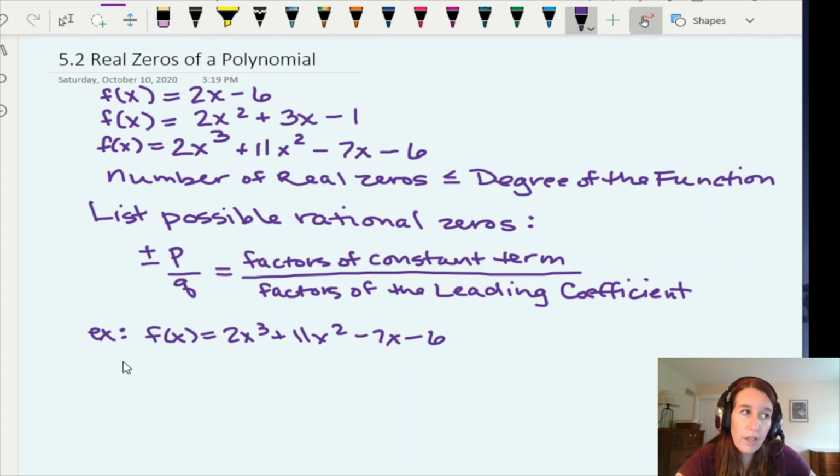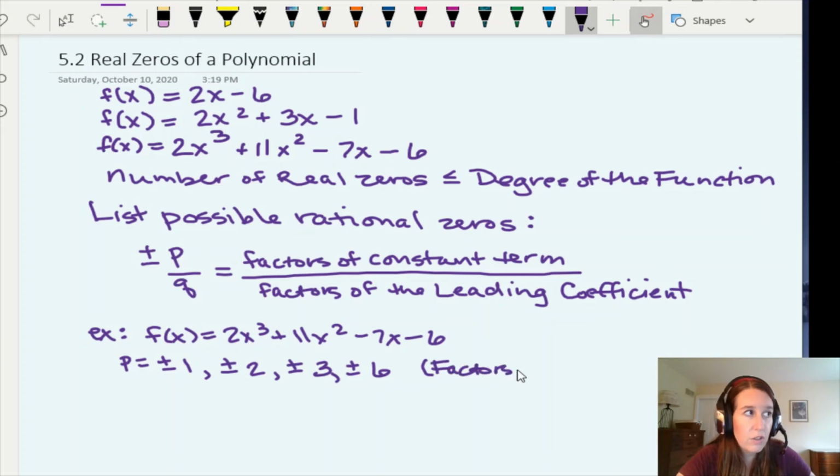In our example, P is the factors of the constant term, so for negative 6, P is plus or minus 1, plus or minus 2, plus or minus 3, and plus or minus 6. They are the factors of negative 6, which is the constant term.